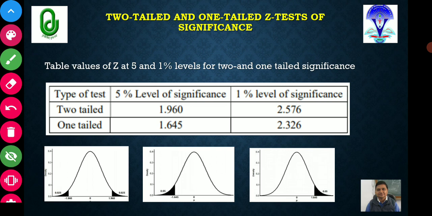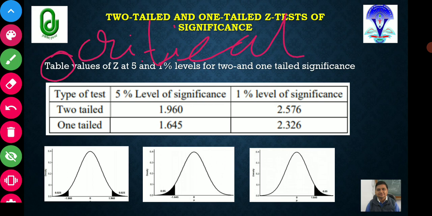Now here you can see two-tail and one-tail test, the table value, or rather you can say critical value. Instead of table value, we say critical value. The critical value of Z at 5% and 1% level of significance in two and one tail: at 5% level of significance in case of two-tail hypothesis testing, the value is 1.96. At 1% it is 2.576.